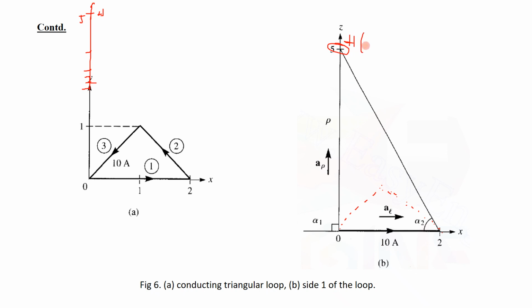Obviously, with a triangular conductor the whole conductor creates a magnetic field, and the total magnetic field at this point is the contribution of all three, but we have to isolate only that portion of the magnetic field intensity which is due to the current carrying element of side 1.